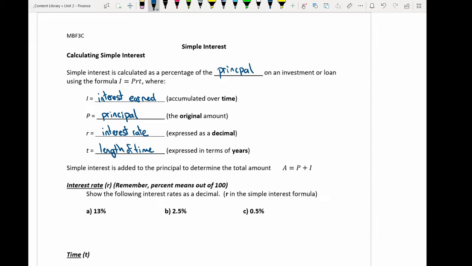That's the key thing, it needs to be in years. As well, simple interest is added to the principal to determine the total amount. So if you want to know the total amount of your overall investment or loan, you take the interest that's earned, add it to the principal or what you start with, and then that is your total amount.